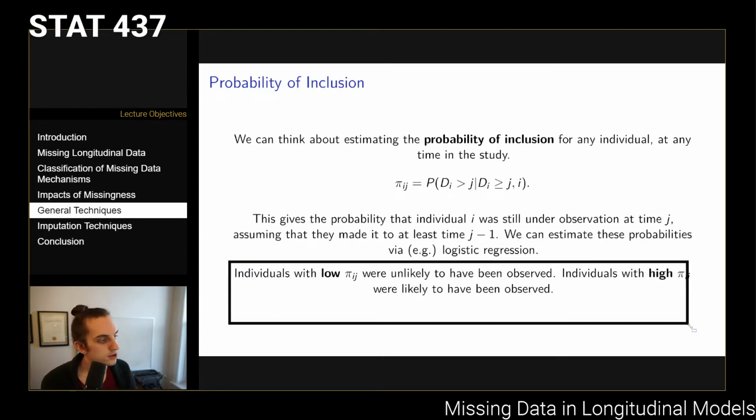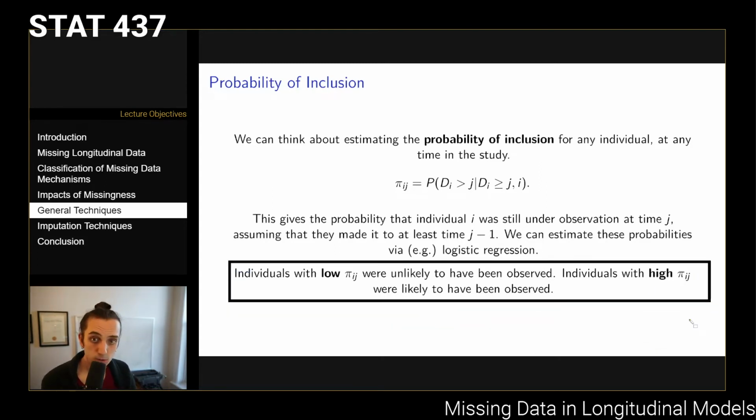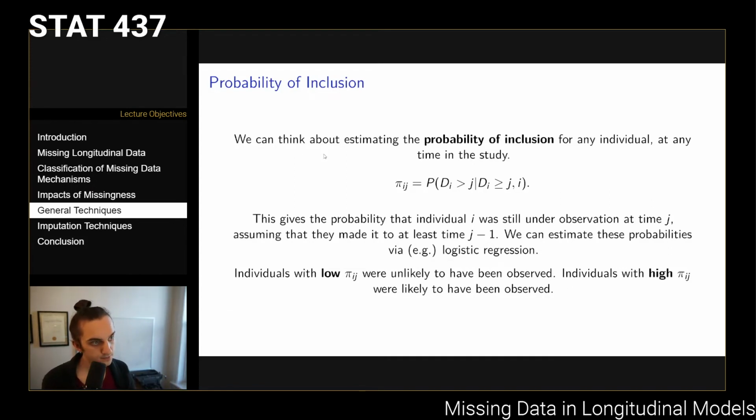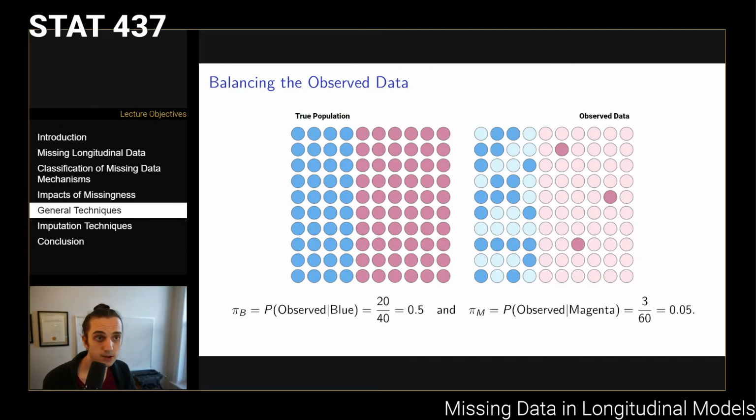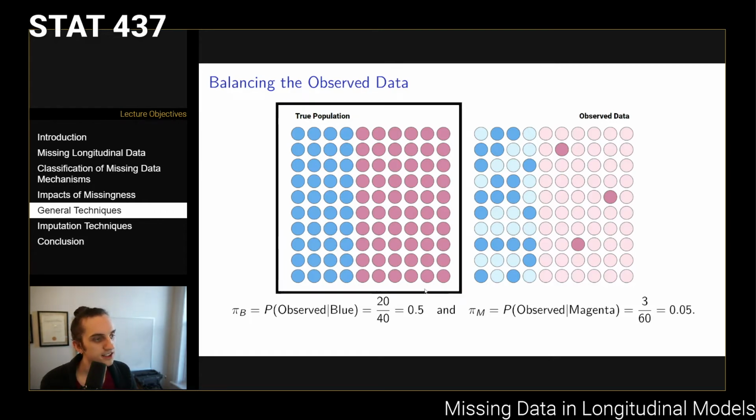The way we're interpreting this is that if you have a low pi ij, then you were unlikely to have been observed in our sample. And if you have a high pi ij, then you were quite likely to be observed in our sample. Okay? And so we can think about a general population and our observed data. On the left-hand side here, I have 100 dots representing the true population, and we're thinking about them as two different types of individuals.